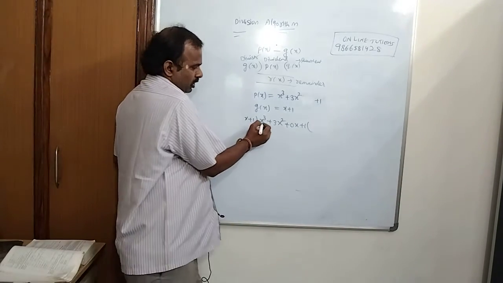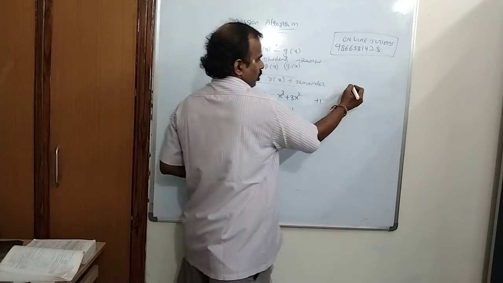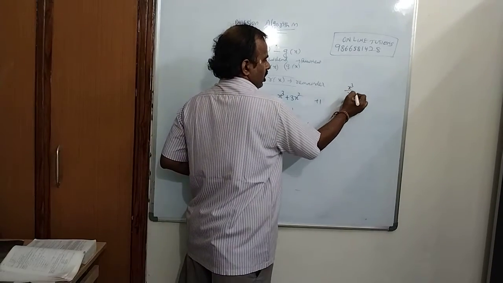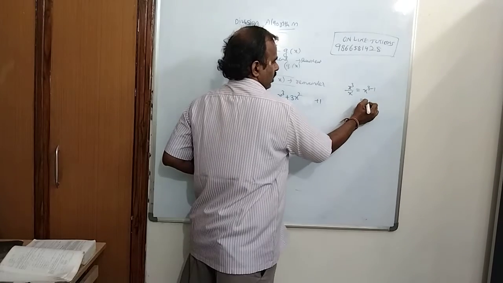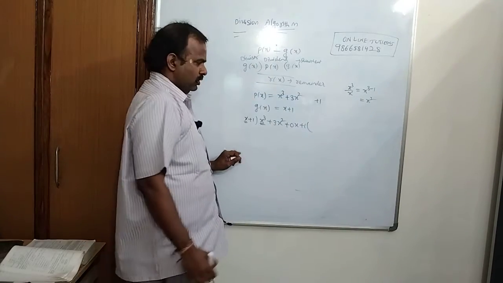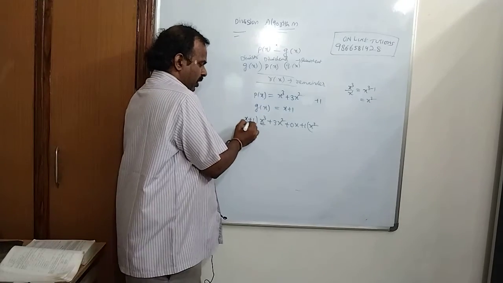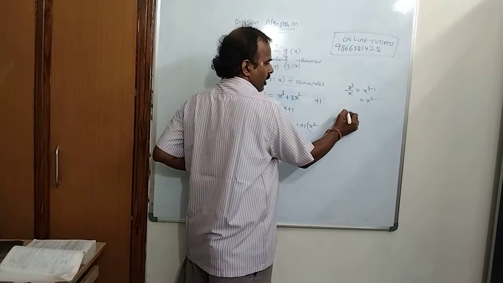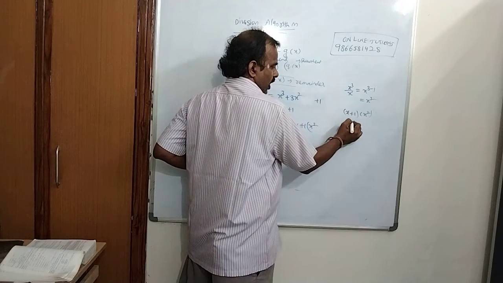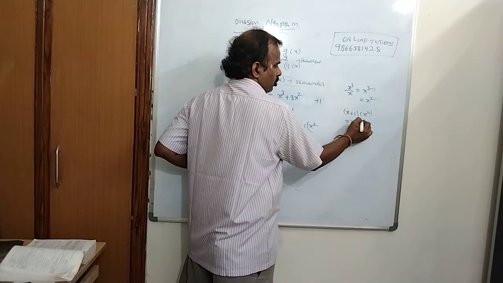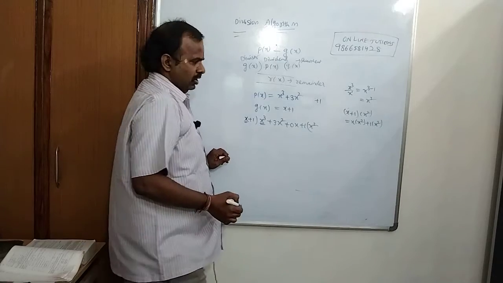Now once again do the division, x cube by x. So x power 3 minus 1, that is x square. Write here x square, x plus 1 into x square: x into x square plus 1 into x square.